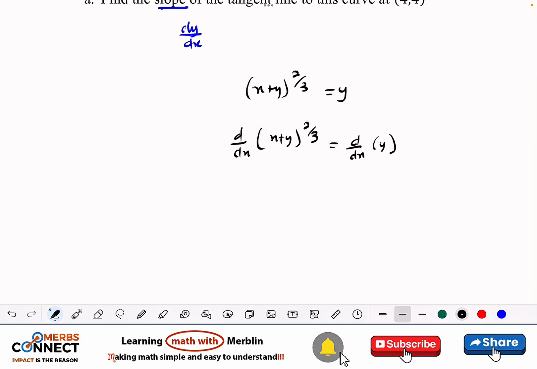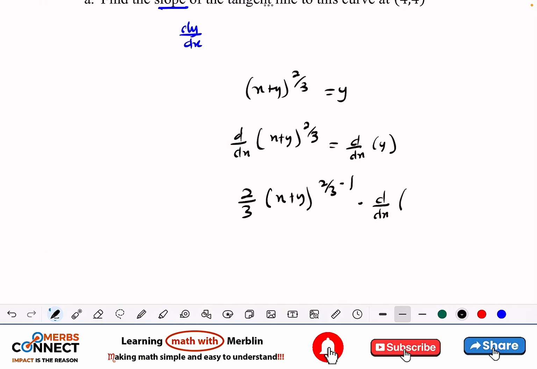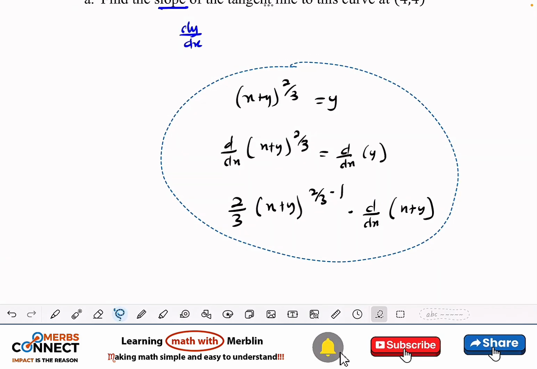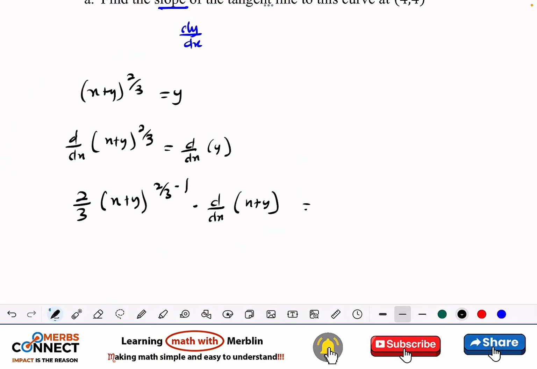So first I'll differentiate the top. So 2 over 3 drops down, plus this, then 2 over 3 minus 1 times, then I differentiate what is inside the parentheses, which is x plus y. So that is what I'm going to get from here. And when I differentiate y on the right side here, I'm going to have dy over dx.